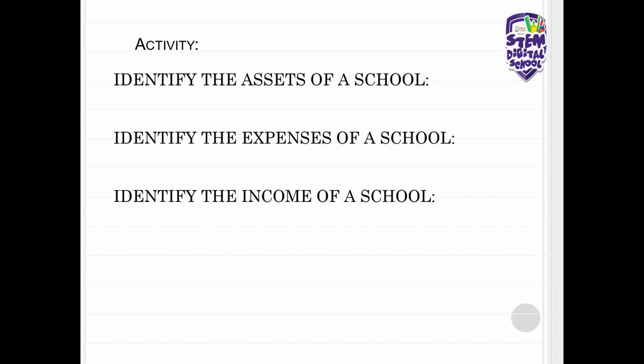I don't think you will know this, but the Department of Education also gives a certain amount to every school. That is not a lot of money, but you can also see it as the income of a particular school. So what I've done with this question is just so you can understand what assets, expenses and income are.